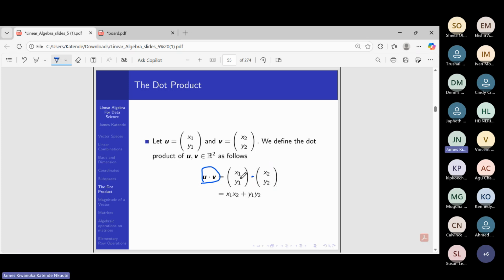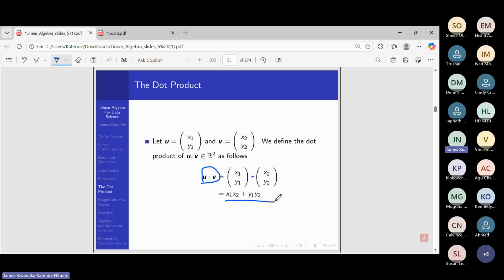The dot product is simply, you multiply the elements in the same position. So x1 and x2 are multiplied, and you also multiply the elements in the second slot, y1 and y2, and then you add them. The resulting number, because the result will be one number, is the value of the dot product of u and v. We denote the dot product of u and v as u dot v.